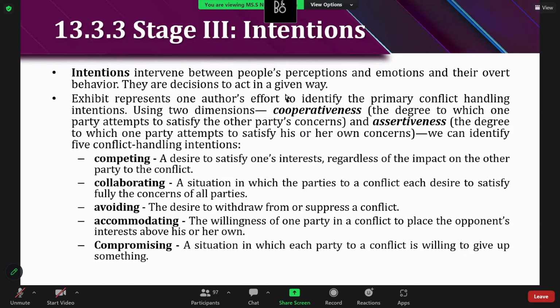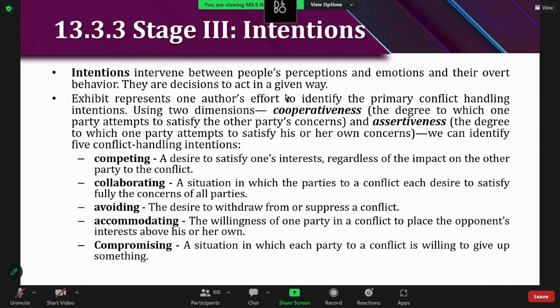For example, party A and party B are in conflict, and party A attempts to satisfy party B's concern. If party B expects something, party A attempts to satisfy it. That is cooperativeness, and it can range from very low to very high.